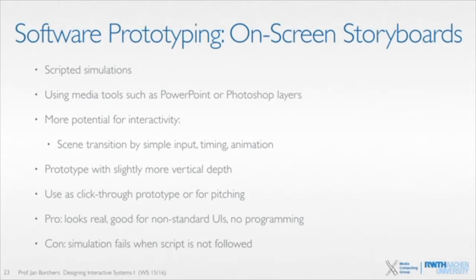If you want to get a little more interactive, you can use scene transitions with simple input. For example, in PowerPoint, you can define what they call buttons. And if somebody clicks on something at a particular area on the PowerPoint slide, it goes to a particular other slide. Same thing in Keynote. So those are simple ways to have a UI sort of simulated.